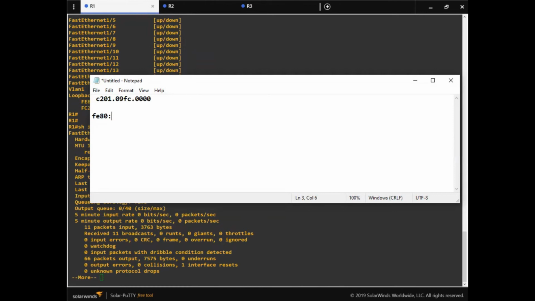Then the MAC address needs to be inserted with C201, then 09FF, FE FC and then 0. We are adding FFFE to the MAC address to convert it into EUI-64.